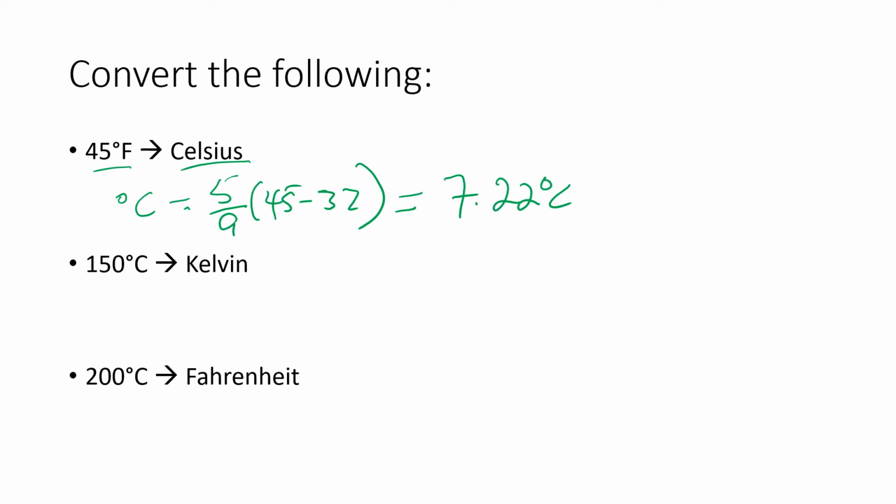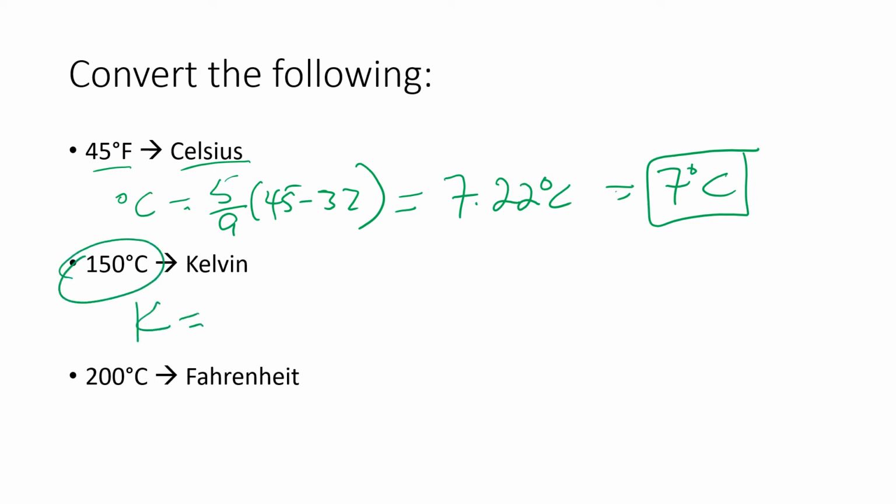For now, you can use your whole numbers for these temperatures. All right, degrees Celsius to Kelvin. So I have to add 273 to my Celsius right here. So Kelvin equals 150 degrees Celsius plus 273. I end up with 423 Kelvin.